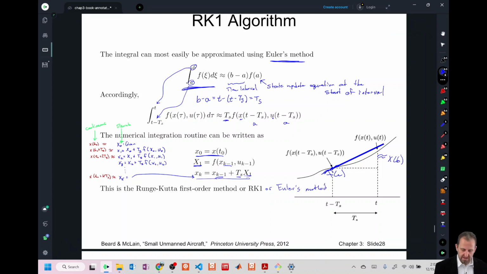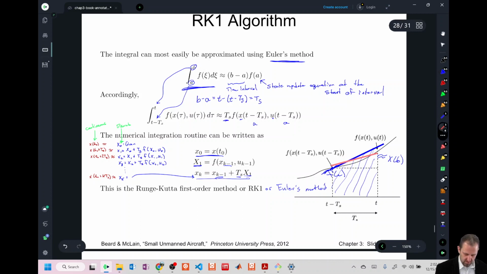Well, we can do better than just approximating it at one side of the interval. So again, we're just trying to find that area under the curve. If we knew how to evaluate our dynamics at a second point in time, we could use what's called the trapezoidal rule, and we'll just take the average of basically going forward with an integral and going backwards.